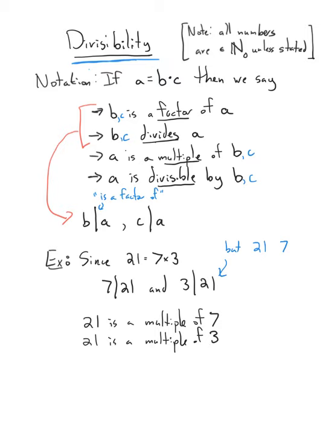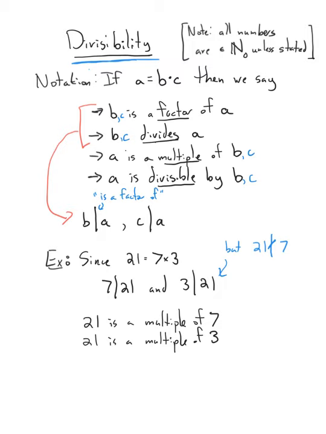I can't multiply 21 times some other whole number to get 7. So 21 isn't a factor of 7. It's a multiple, but it's not a factor. To say that, in mathematics, we always do this to say it's not something: we just put a little cross through it. So 21 isn't a factor of 7, we'll put a little cross through it.